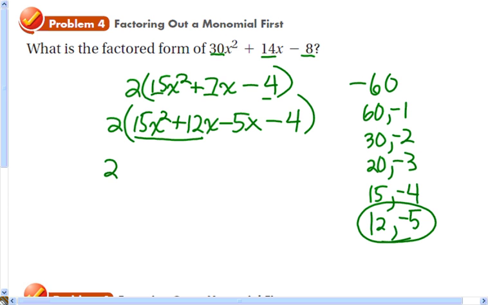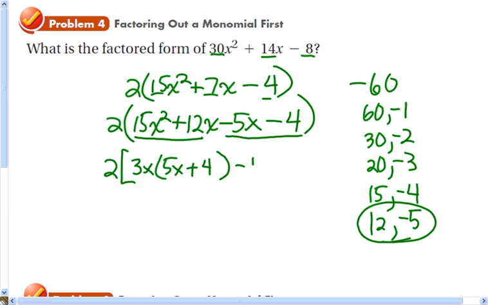I'm going to get 2 times, let's see, it looks like 3x would be my greatest common factor there. 3x times 5x plus 4. And then out of these two, the greatest common factor there is, I'm going to actually factor out a negative 1. I think I need to do that to get the plus 4.